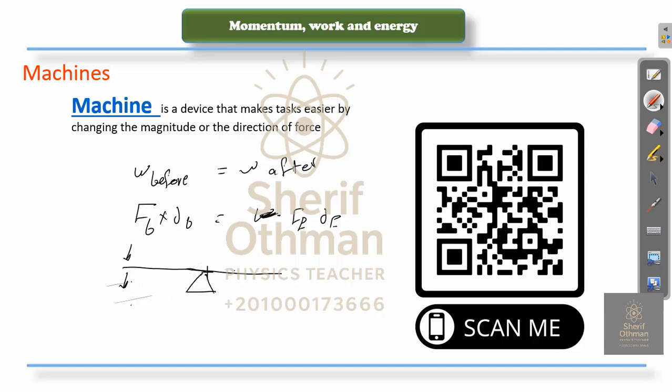So the force multiplied by the distance moved: the force applied times the distance of the arm is equal to the force resulted times the distance of its arm. This arm is called the input arm, and this arm is called the output arm.